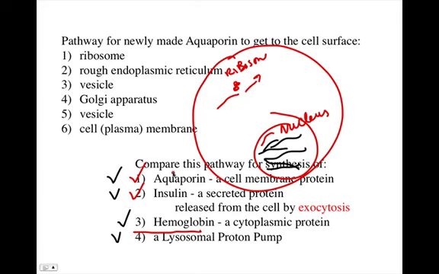And in the case of aquaporin and insulin, there's a pause to get the ribosome delivered to the rough ER so that the protein gets made in the proper location. In the case of hemoglobin, there's no pause because when hemoglobin gets made, the hemoglobin protein just floats in the cytoplasm of the immature red blood cell.